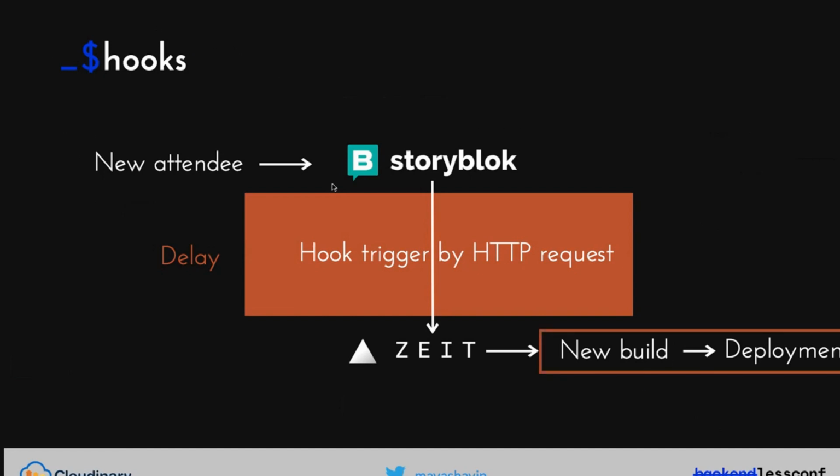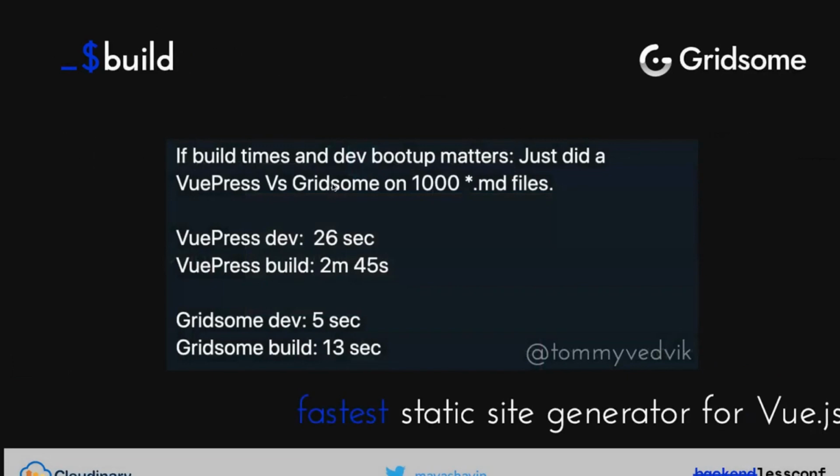What about between the build and deployment? Well, let's see why I chose Gridsome. First of all, it's a Vue static site generator. And secondly, it's the fastest static site generator for Vue.js.